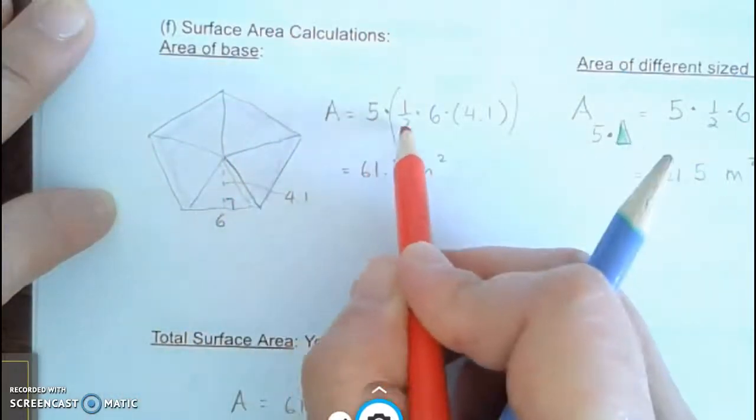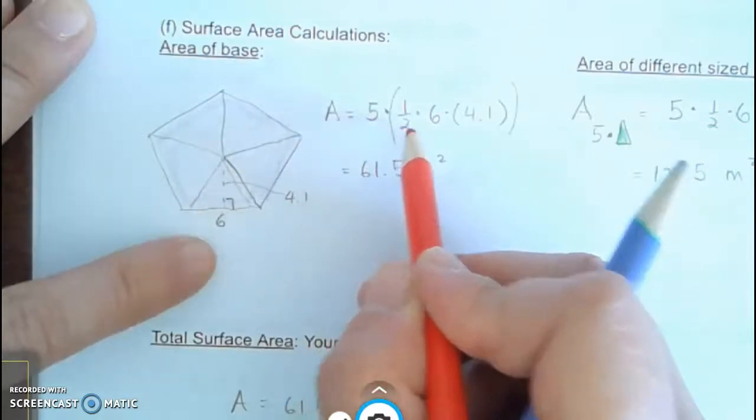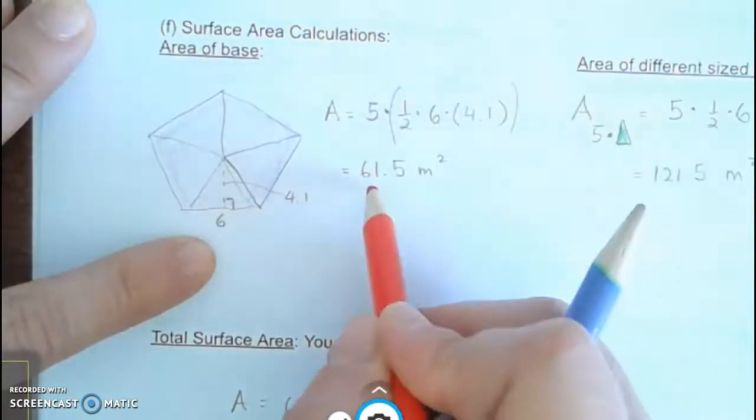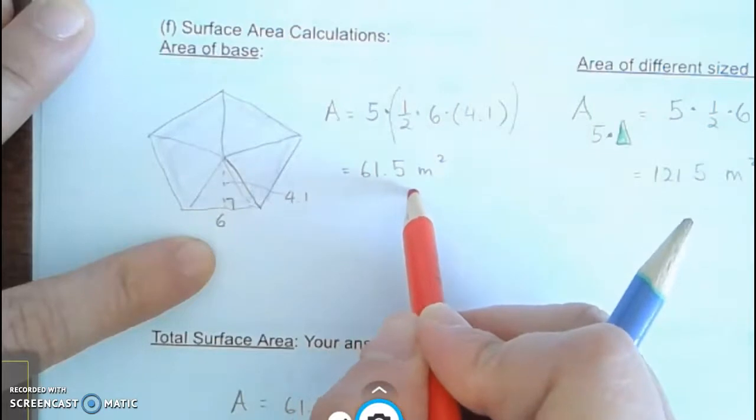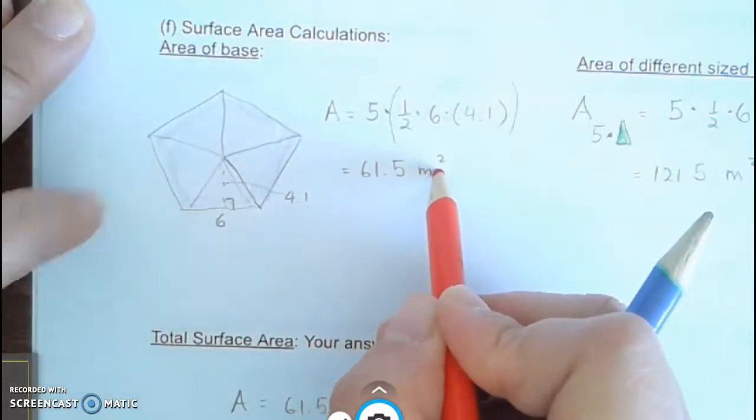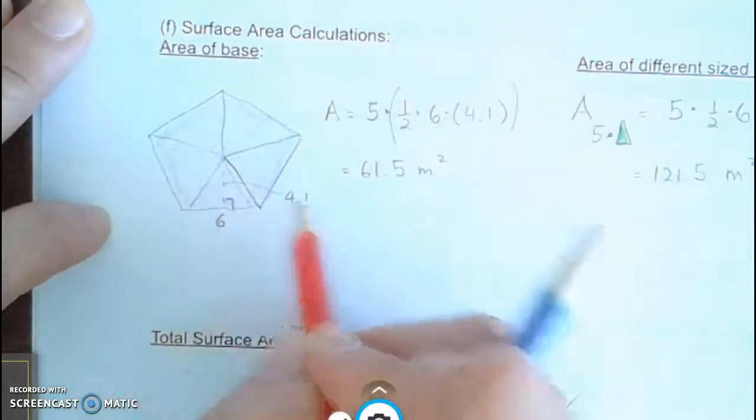So I have 5 multiplied by half times 6 times 4.1. That gives me 61.5 meters squared. So that's the base.